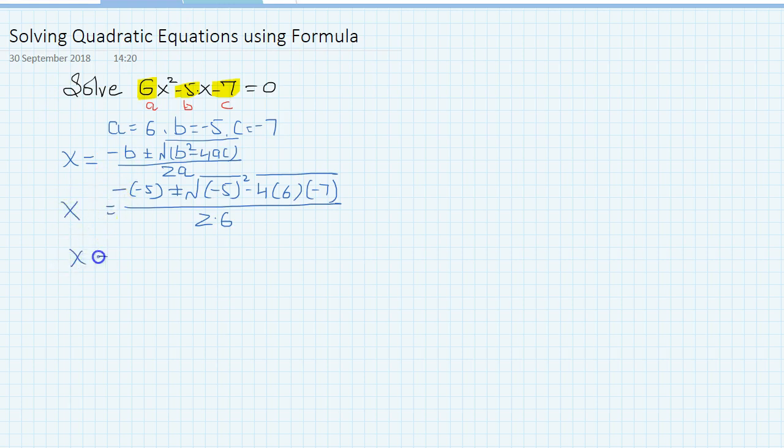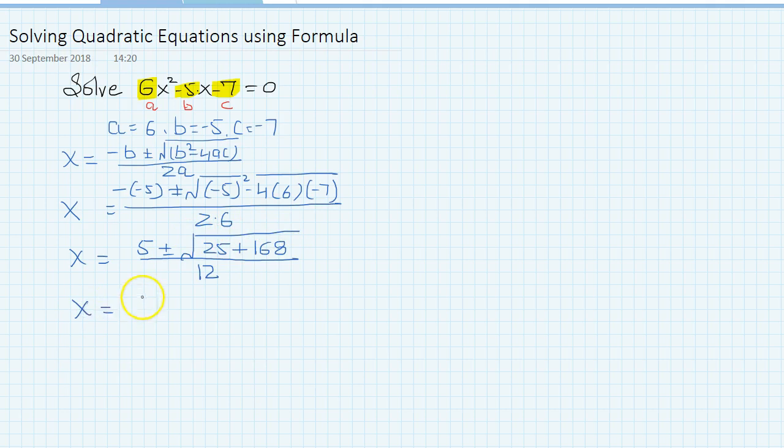So x will be minus and minus plus, this is 5 plus minus, this is 25. Negative 5 square is positive, minus and minus is plus, that is 4 times 7 is 28, multiply 6 is 168.